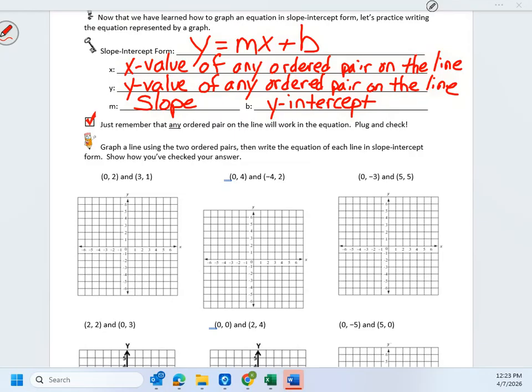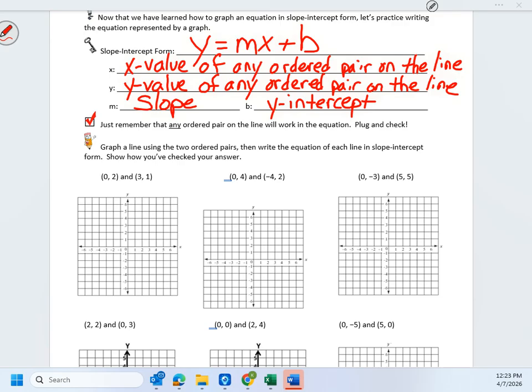We begin with that y-intercept and we can figure everything else out. So just remember that any ordered pair on the line will work in the equation. We can plug them in and check and see. Any ordered pair will have both sides of that equal sign balance out. That's how we check our work to make sure that we're doing our slope correctly. Any of those ordered pairs should work.